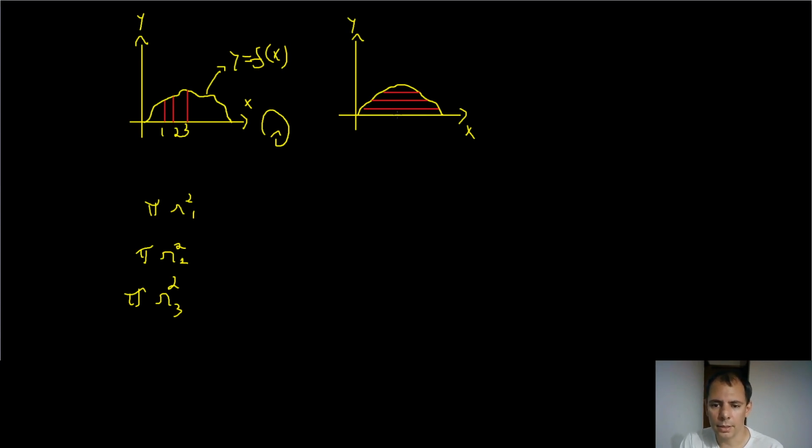The shell method, instead of integrating... you see the rotating axis in here is still the x-axis. You still want to get the same shape. I know it's not exactly the same, but you want to get the same shape and you want to rotate it around the x-axis. But in order to calculate the volume, one thing that you can do is, instead of having vertical bars, you're going to have horizontal bars parallel to the axis of revolution.